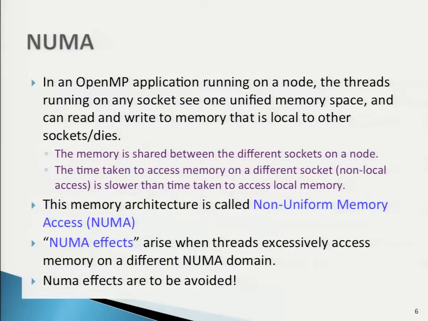And this sort of architecture is known as a NUMA architecture, which stands for non-uniform memory access. So the memory access times are not uniform depending upon where the memory has been allocated. NUMA effects arise when threads excessively access memory on a different NUMA domain.